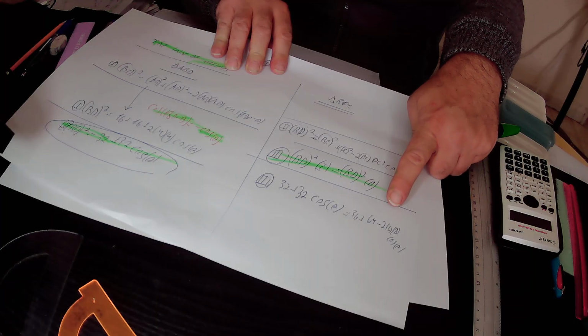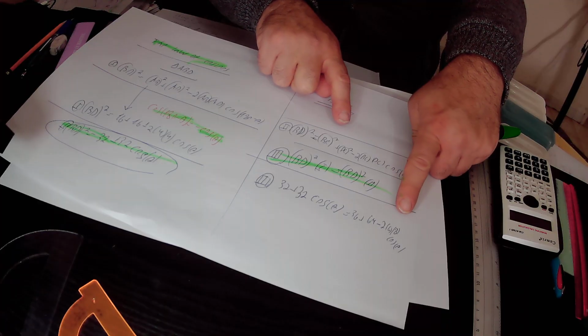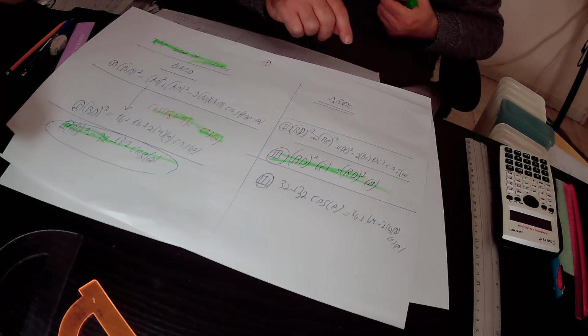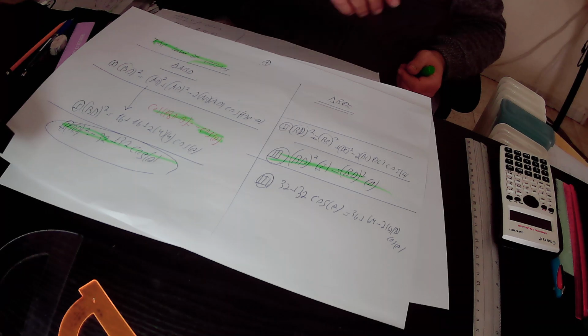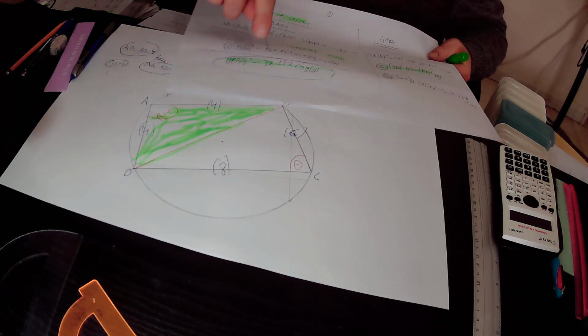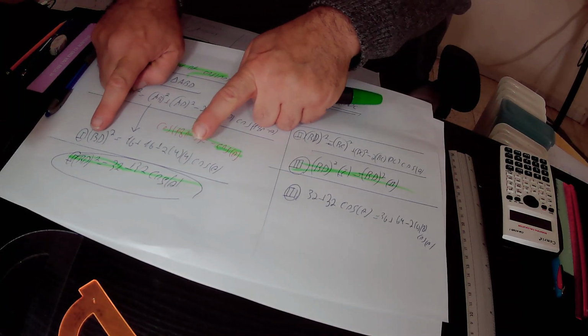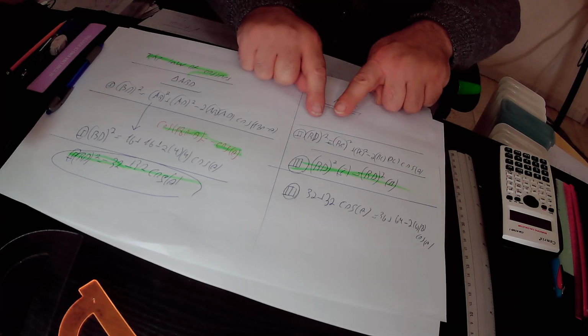Minus 2 times BC, that is 6, times DC, that is 8, times cosine theta. So we have two different expressions for BD squared. This is equation 1 for BD squared, this is equation 2 for BD squared.